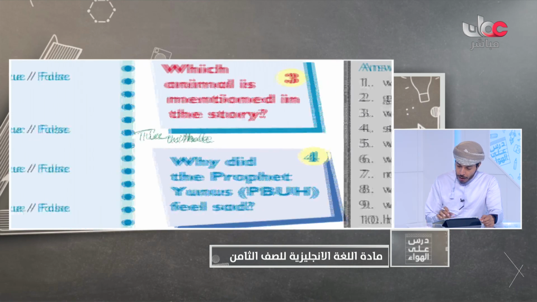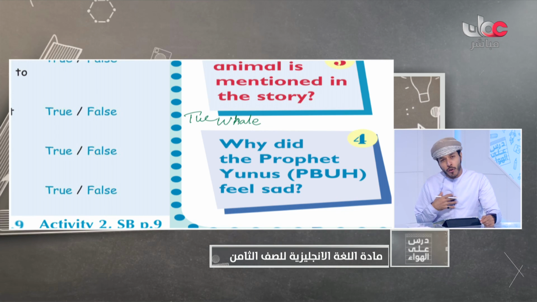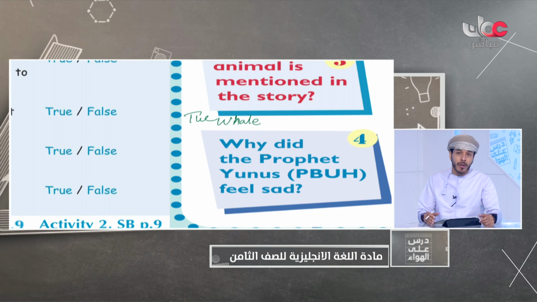Okay. And the last one. Why did the Prophet Yunus feel sad? He felt sad. كان يشعر بحزن. Why? Because he had failed to make these people believers. Okay, so he felt sad because he wanted these people to be believers and to obey God's rules and orders.